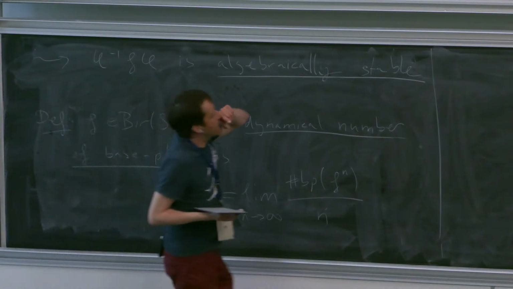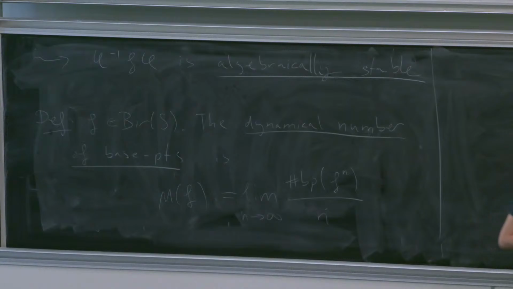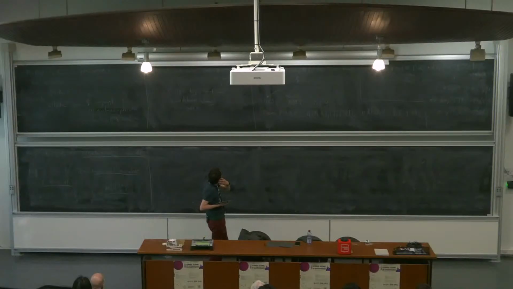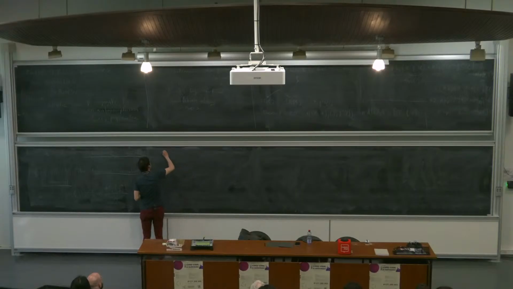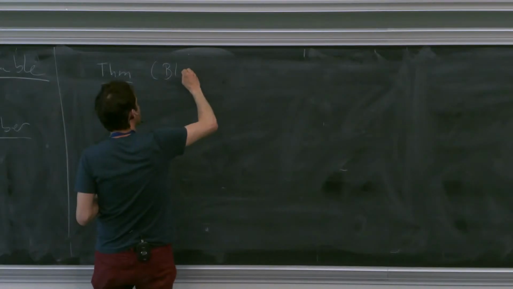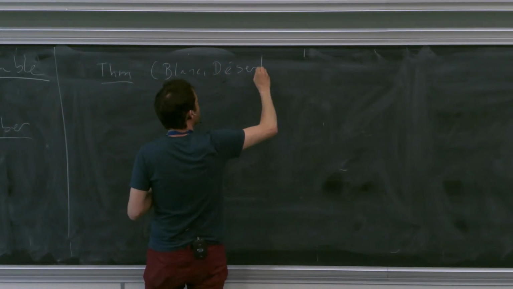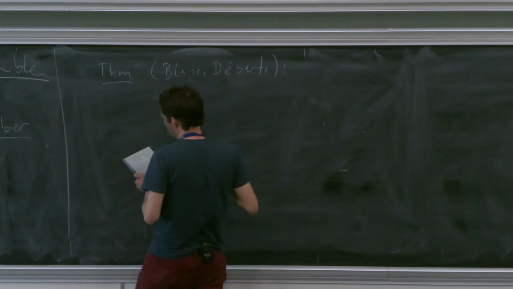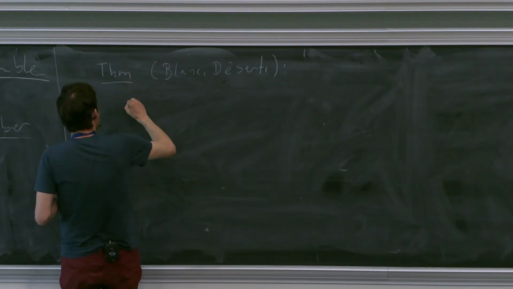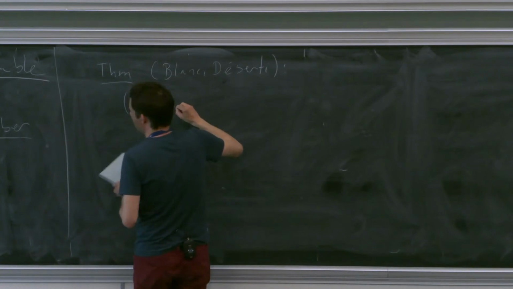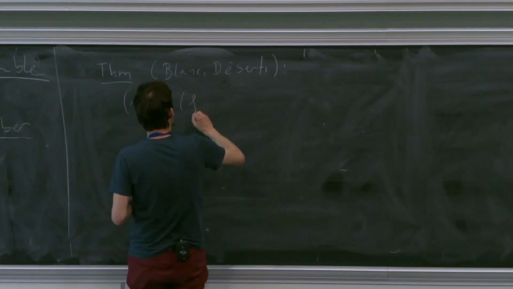And what we actually obtain from this whole story is the following theorem, which was proved by Jeremy Blanc and Julie Desserty, at least for the case of characteristic 0 and algebraically closed. First, this dynamical number of base points is always an integer.